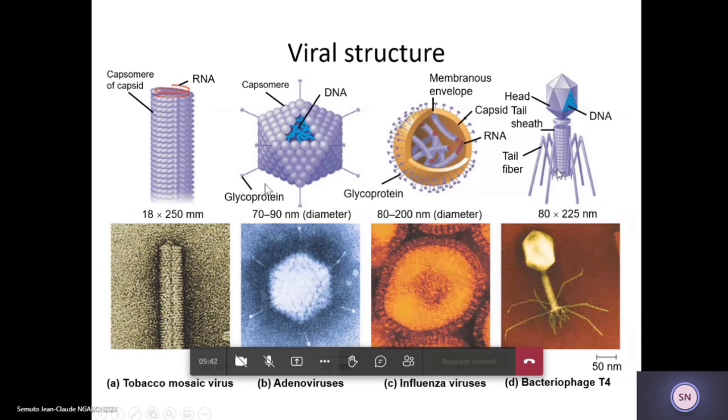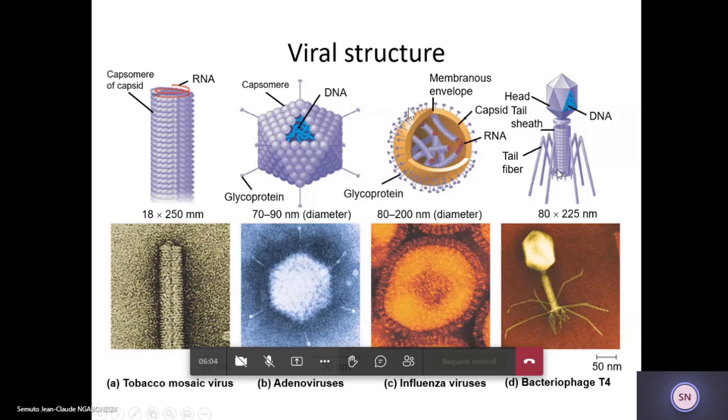Sometimes there is a glyco or lipid membrane outside, which we call the envelope, and this envelope allows the virus to interact with the host cell. In the absence of this envelope, the virus will not be able to infect the host cell.